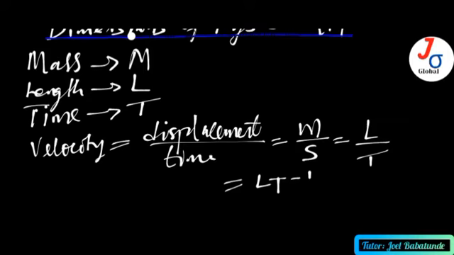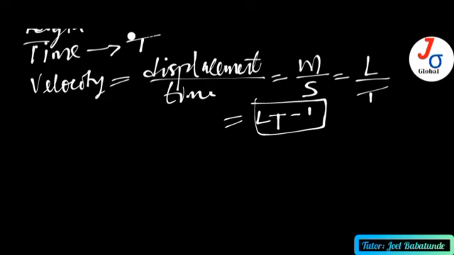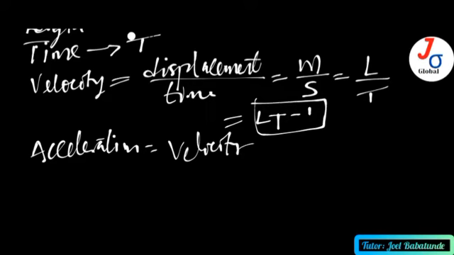So I chose to write it like this. Okay, LT raised to power minus 1. So let's do another quantity. Let's do acceleration. Acceleration is actually equals to velocity over time. And velocity is actually what?